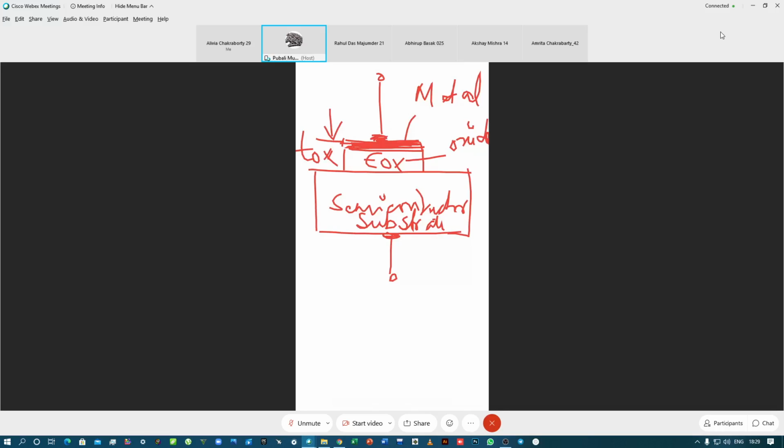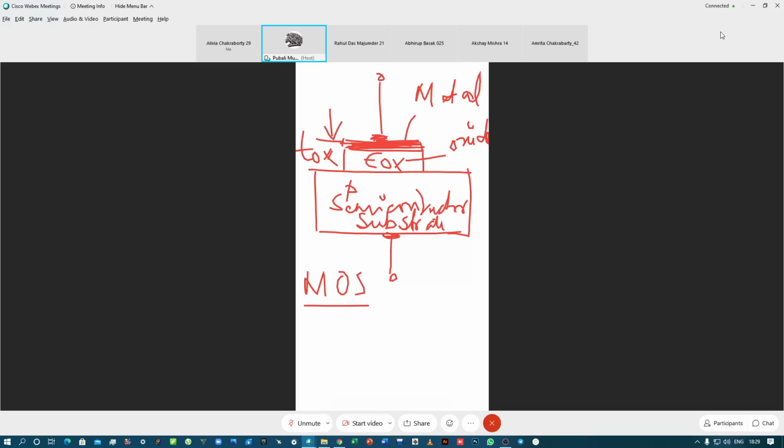So this is basically the MOS structure that we are concentrating on, the MOS structure of the MOSFET. Whatever we have discussed till now, we talk about a p-type substrate, so that the device would become an n-channel device.